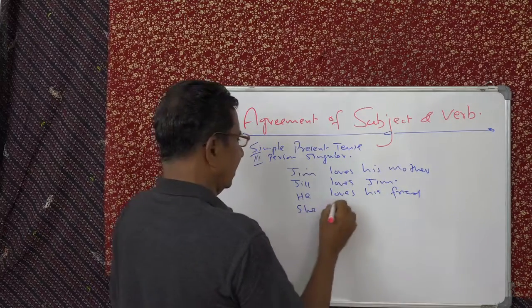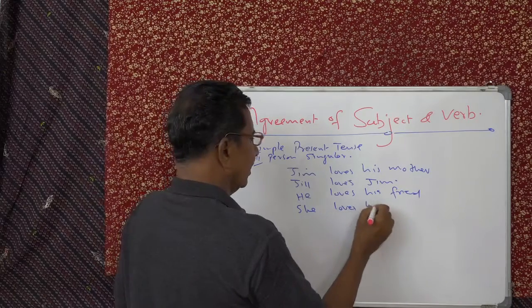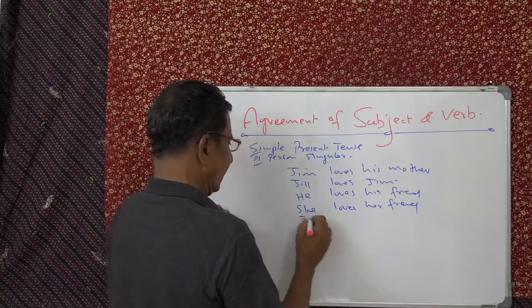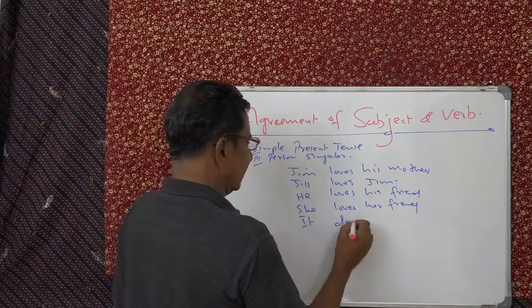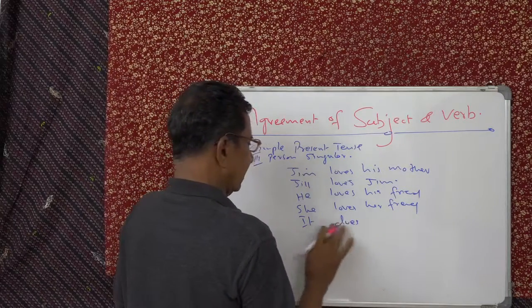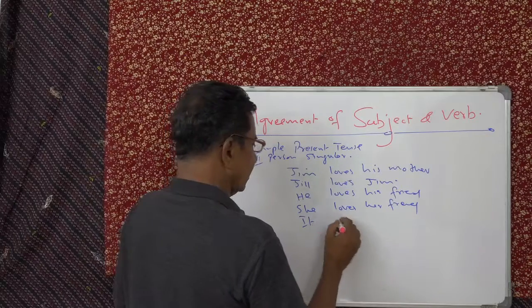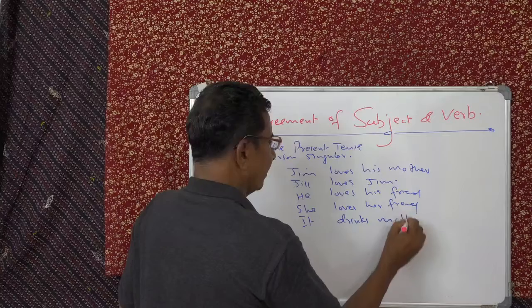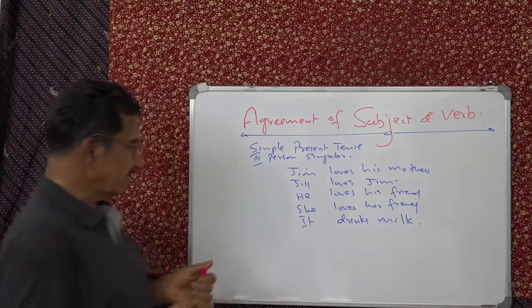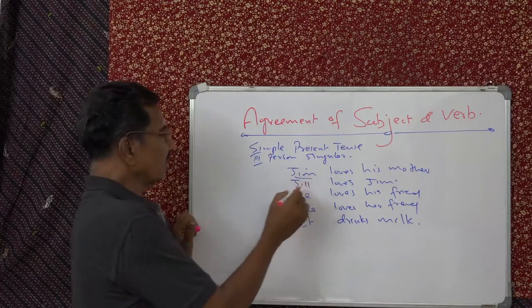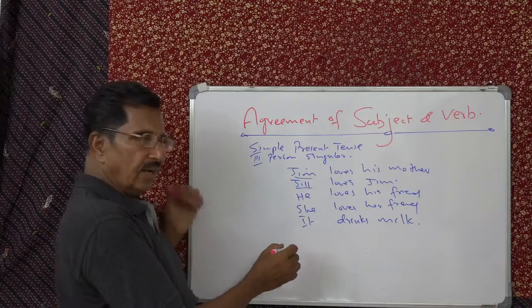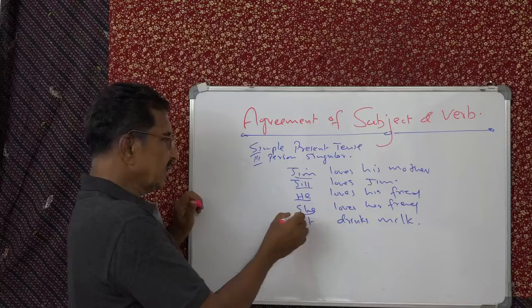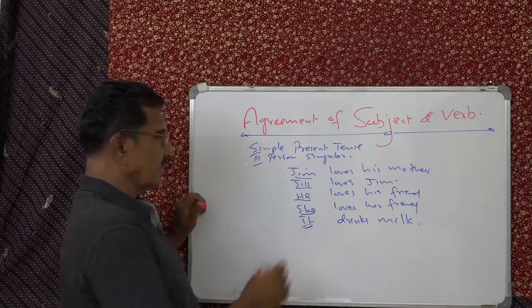She loves her friend. It does. It drinks milk. So what you find here is third person singular pronoun, subject, third person singular pronoun.